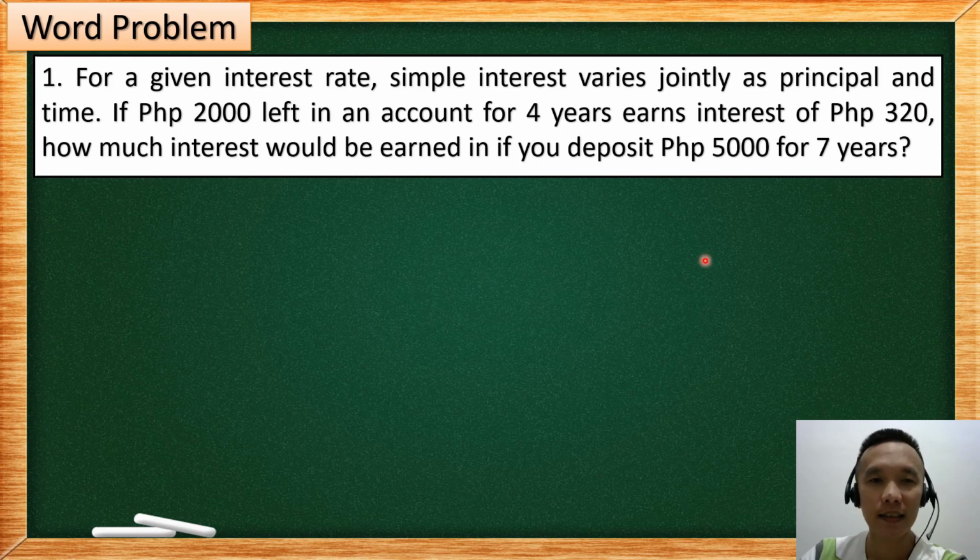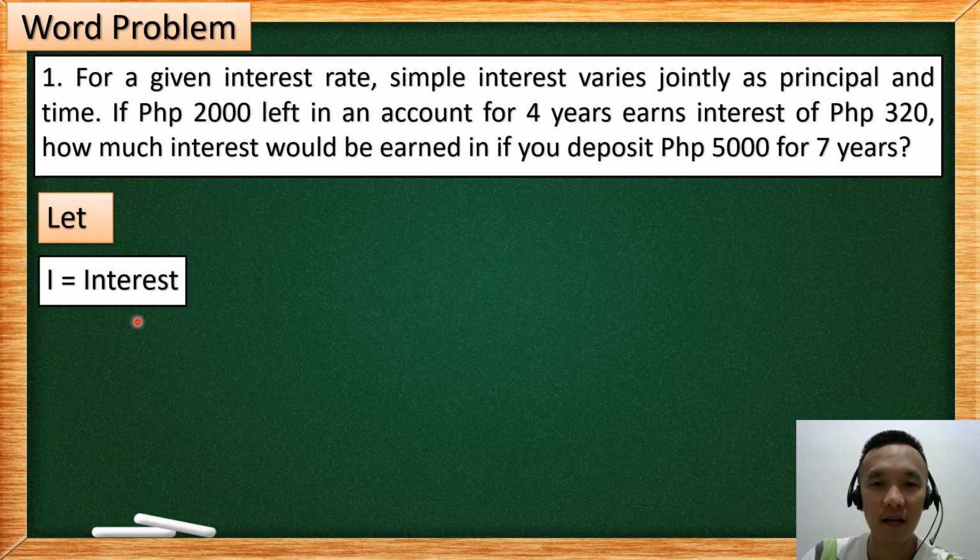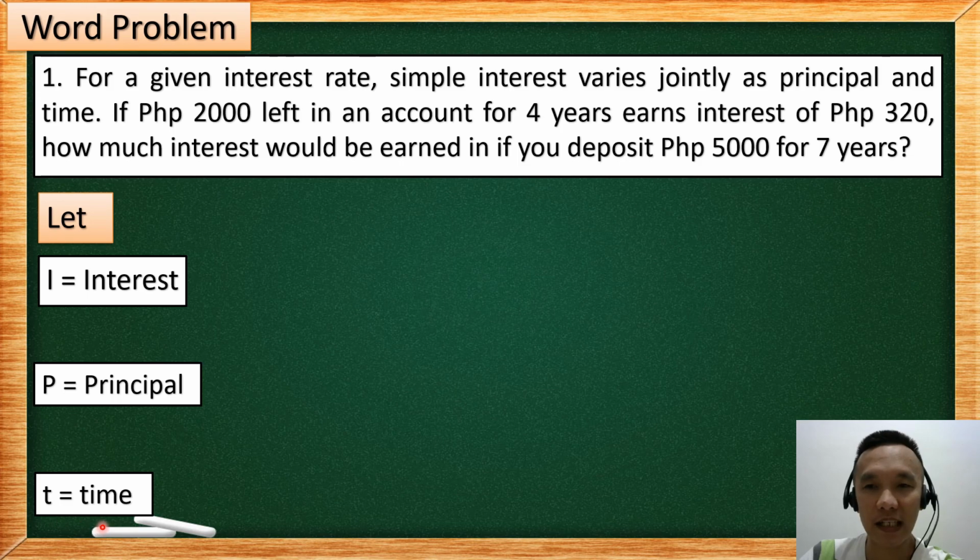So first, since there are no letters given in the problem, we will assign letters for our important words. So we let I be our interest, we let P be our principal, and we let T be our time.